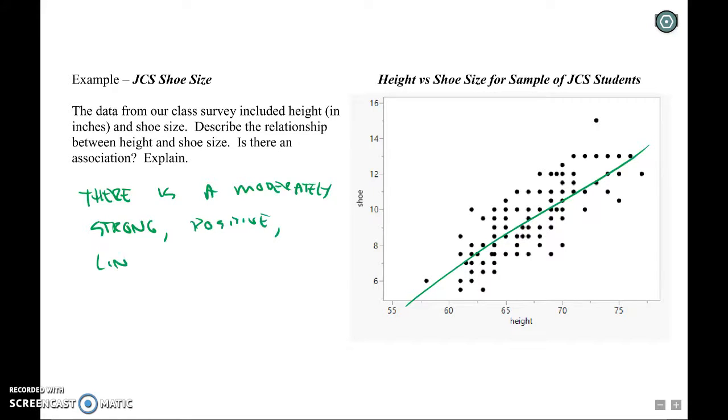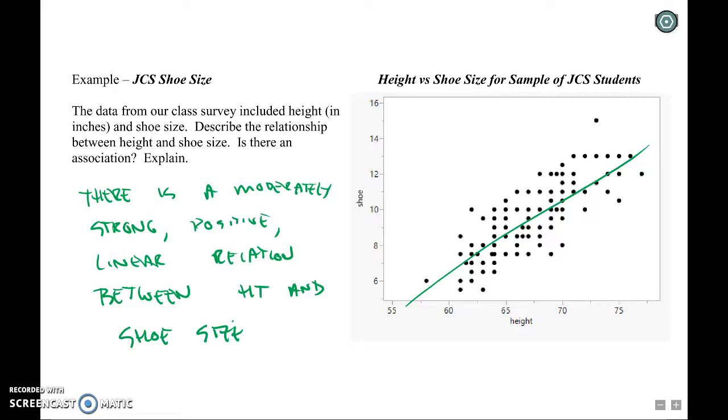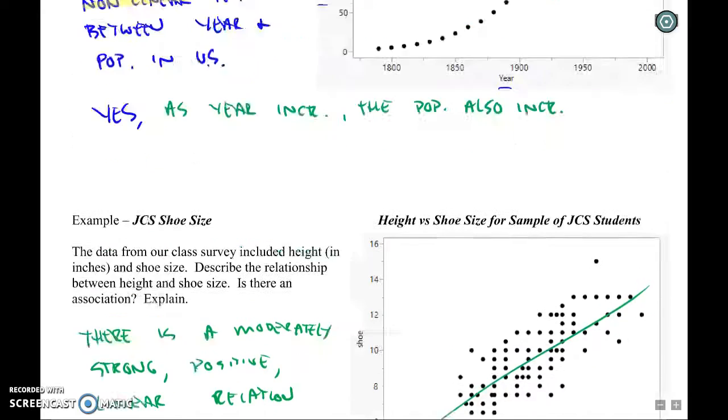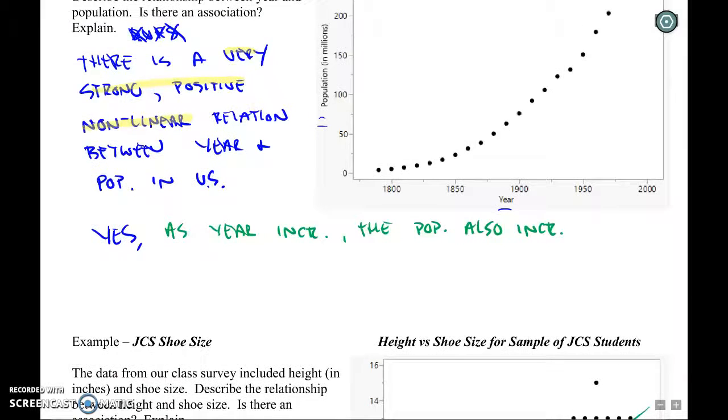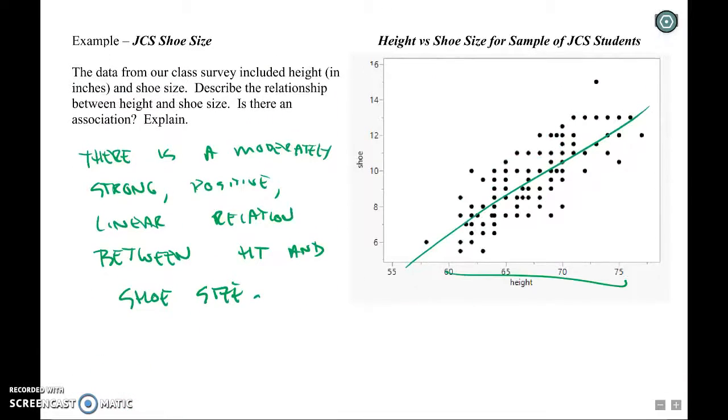Looks like it's linear to me. Relation between height and shoe size. Is there an association? Yes, of course there is. How do you know? Because as your height increases, your shoe size tends to increase.